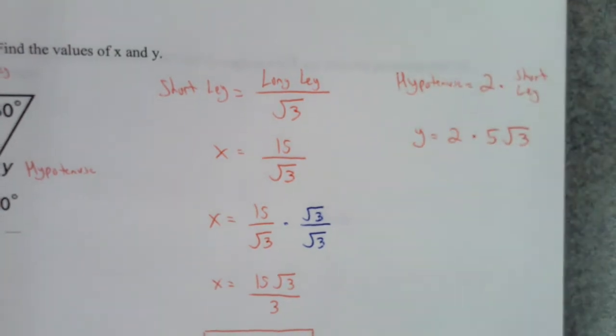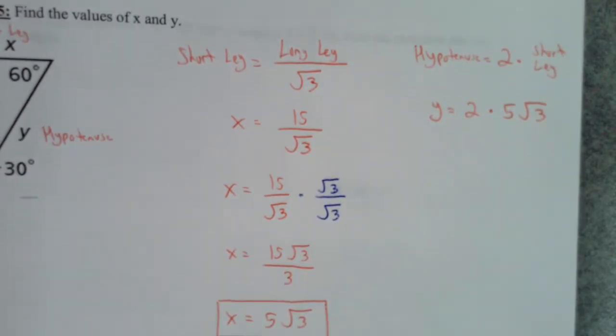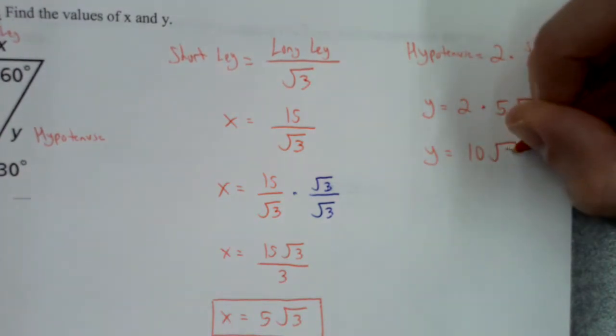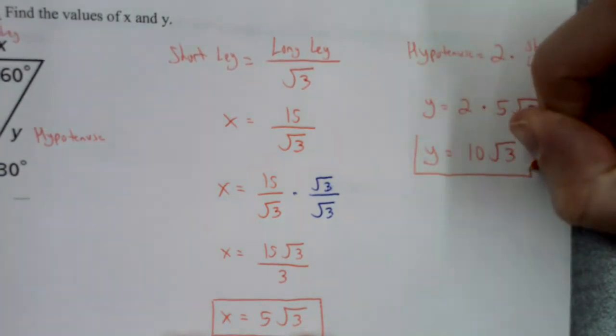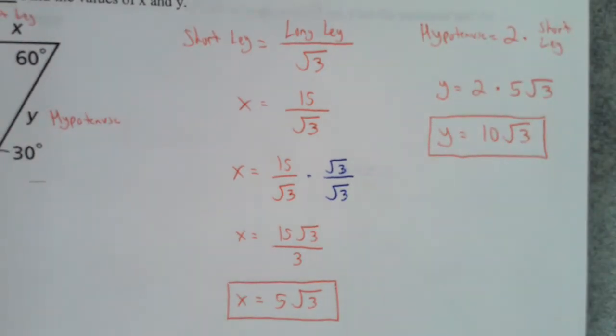We got that 5 square root of 3 is the short leg. So 2 times that means Y equals 10 square root of 3.